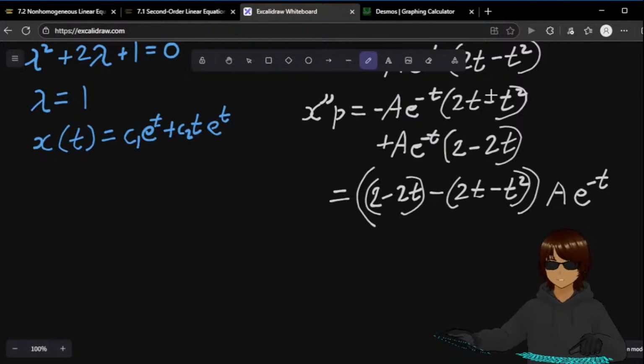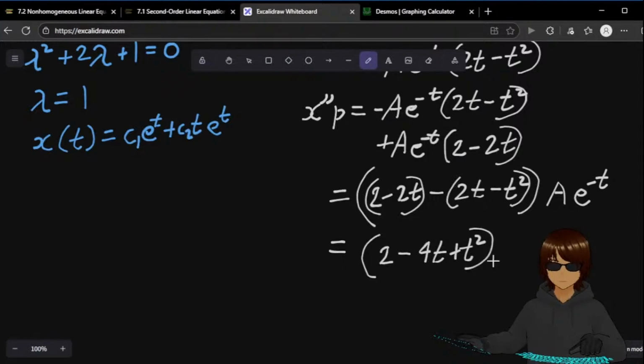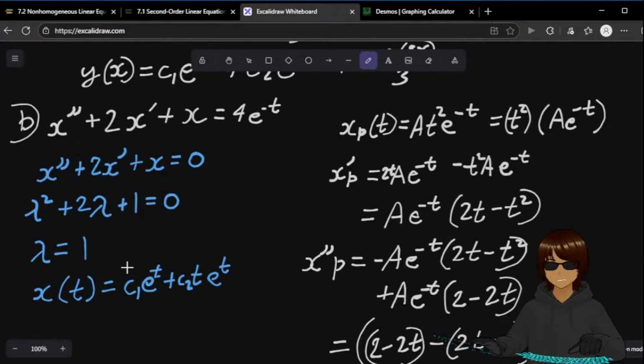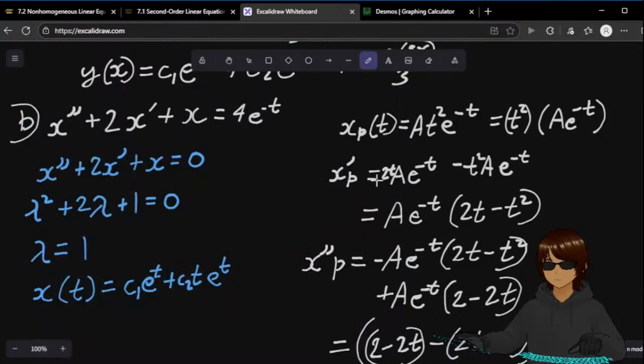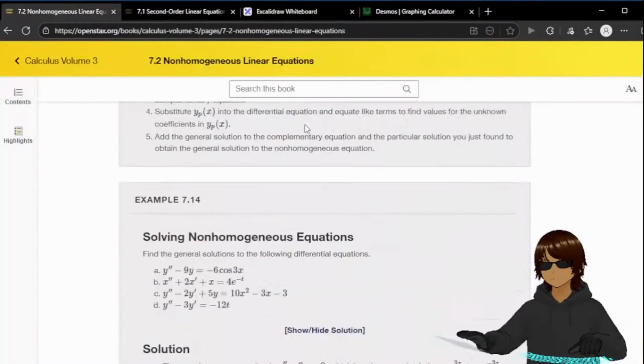So I'm left with this minus this, right? Minus 2t. 2 minus 4t plus t square gives me... imagine I do all that and the answer is wrong. Let's just skip this.